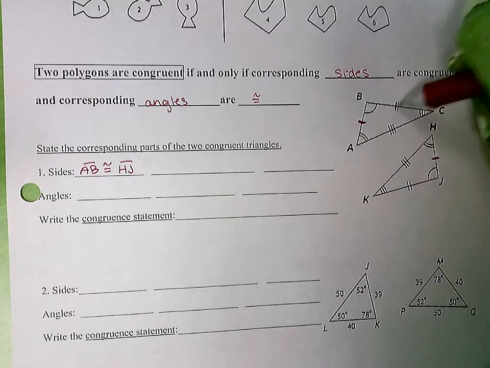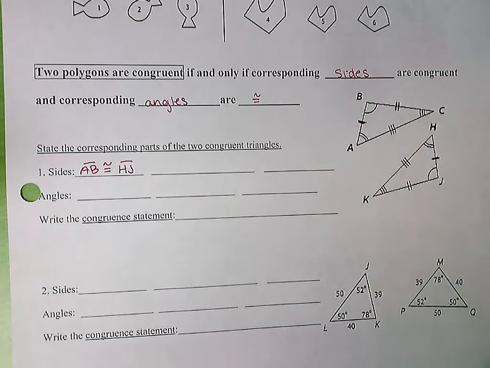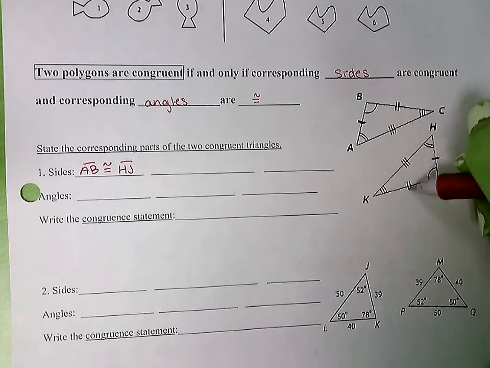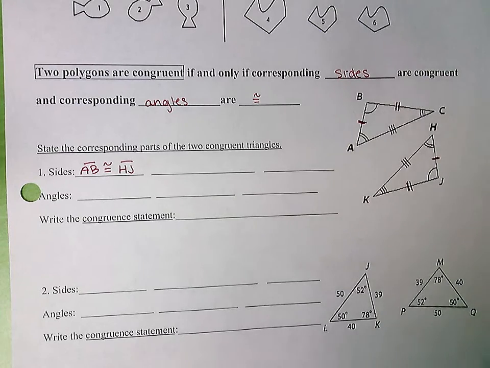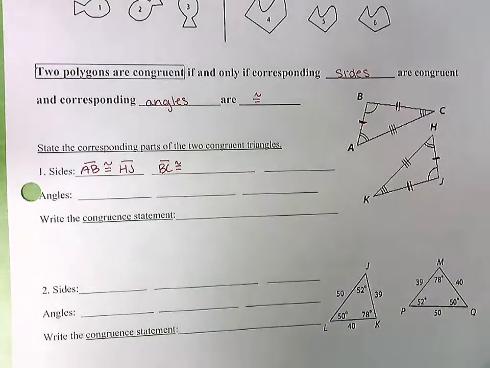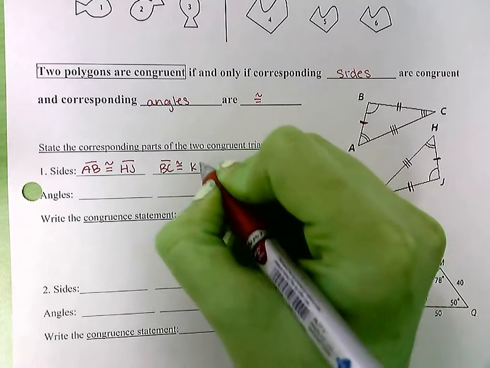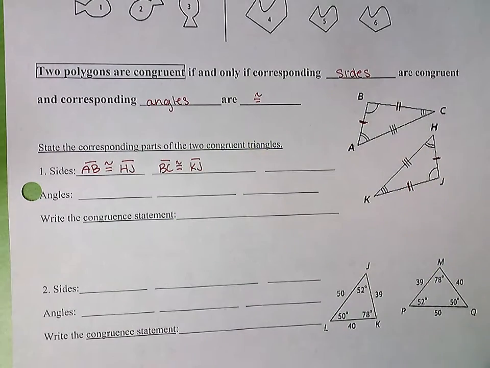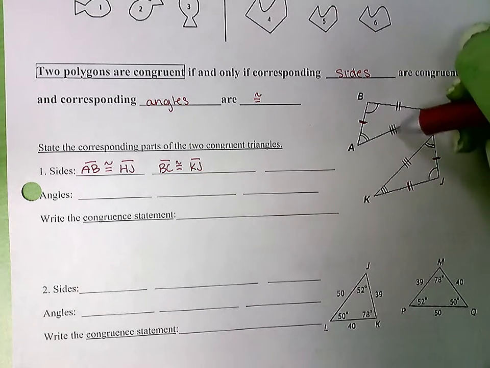Moving on here, this side has 2 dashes in it. So does this side in my other triangle. So I could say segment BC is congruent to segment KJ. Last side has 3 dashes.